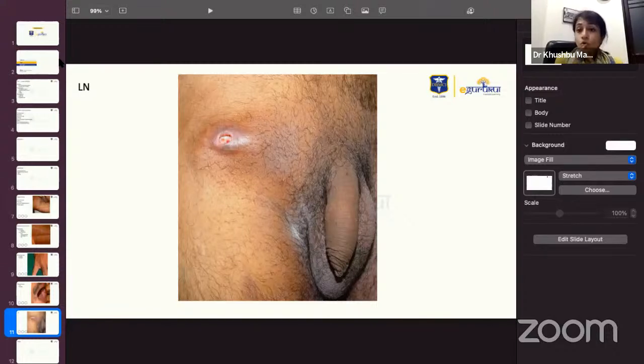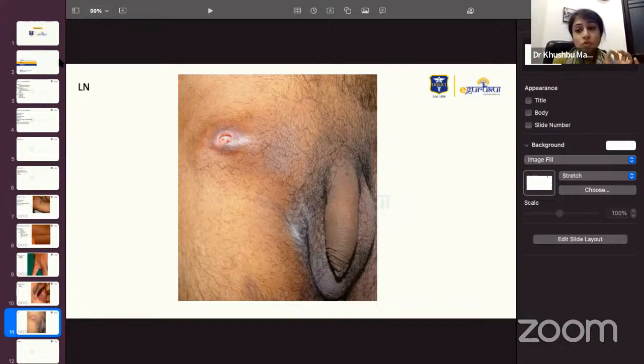Donovanosis, on the other hand, you have no lymph nodes. So if a patient of donovanosis is given and lymphadenopathy is given, it cannot be there. If lymphadenopathy is mentioned, you have to think of other ulcers. Donovanosis does not lead to lymph node involvement. But there is something in donovanosis called a pseudobubo. What is a pseudobubo?